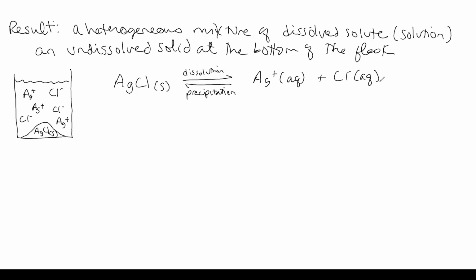Now, we can write an equilibrium constant for this reaction just like we did in chapter 13, except now we're just going to give it a new name. The equilibrium constant for solubility equilibria is KSP.